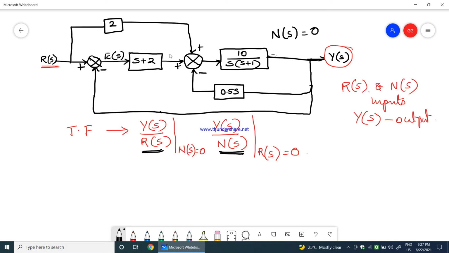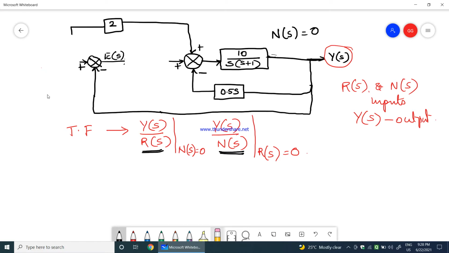If I move this block behind the summing point, this used to come here and get multiplied by S plus 2, but now this particular feedback will never get multiplied by S plus 2. So we will remove this first and add this block here.